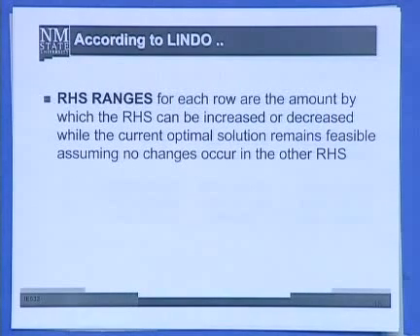So, in other words, these right-hand side ranges indicate how far the limiting values may change while keeping the same optimum basis. And we've learned that the dual price or the shadow price remains valid within these right-hand side ranges. Okay? Of course, we assume no changes occur in the other right-hand side values.